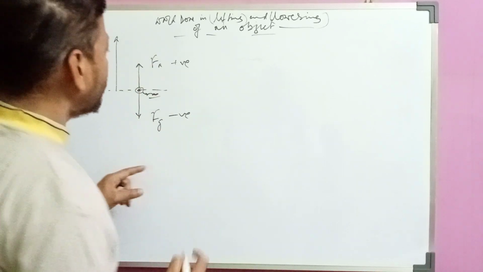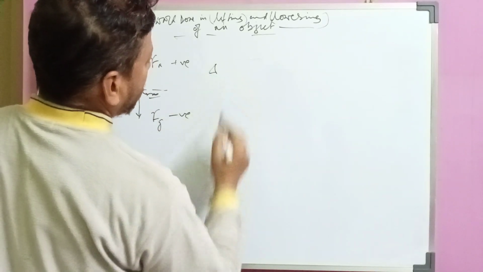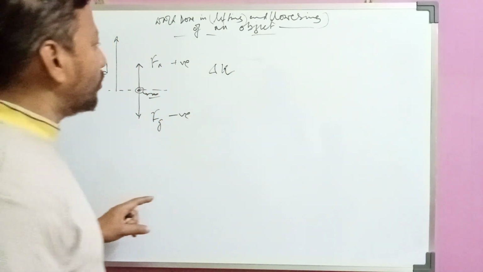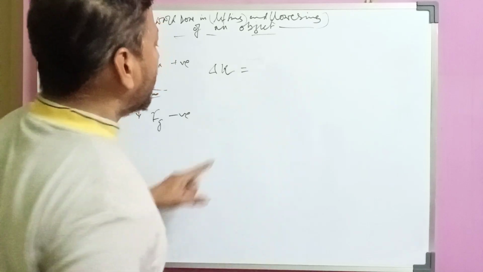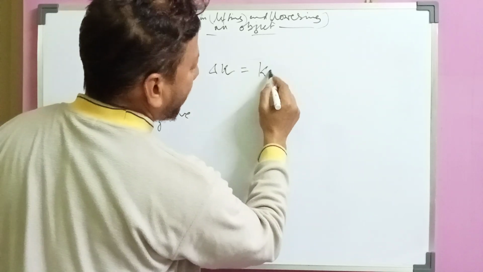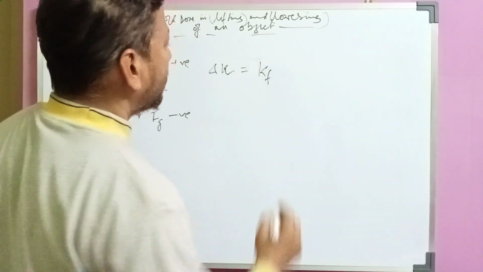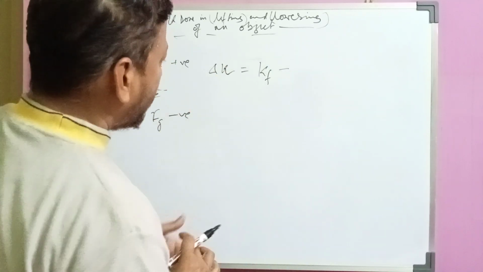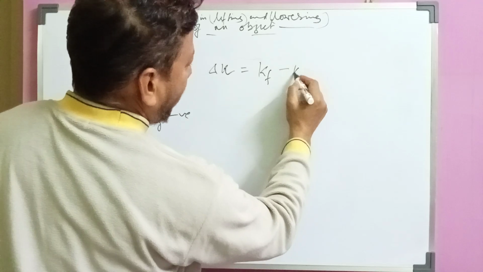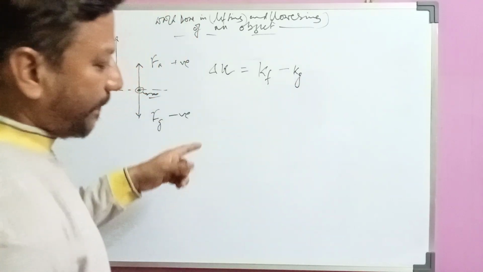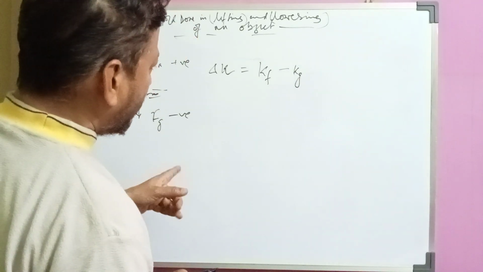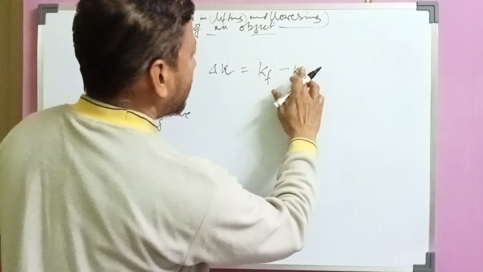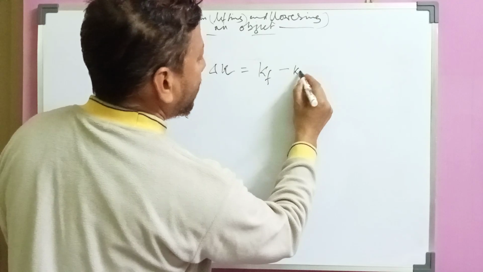Now the kinetic energy, let it be K, again as usual. So what will be Kf? Obviously final, this Kf, and this is initial.